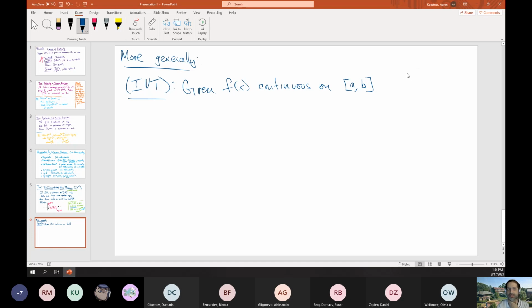I do need a restriction, but the restriction I need is a lot looser. I just need them not to be equal to each other, right? So let's suppose that f of a and f of b aren't equal to each other.